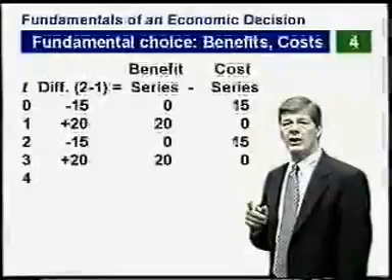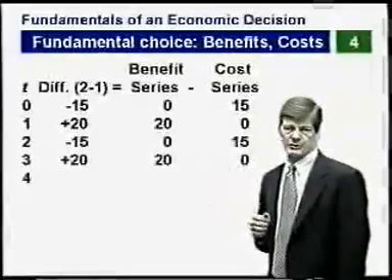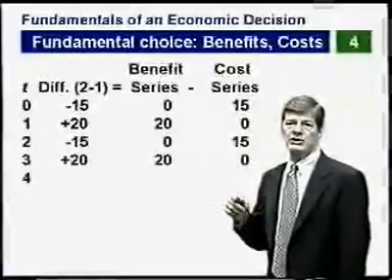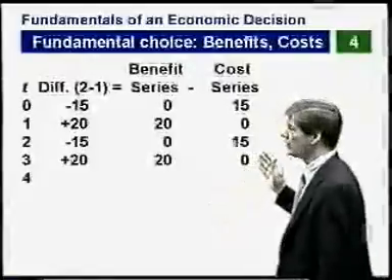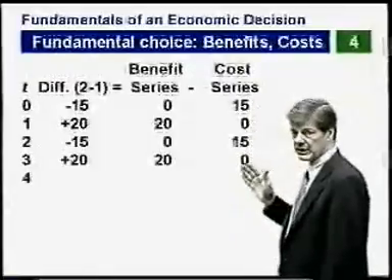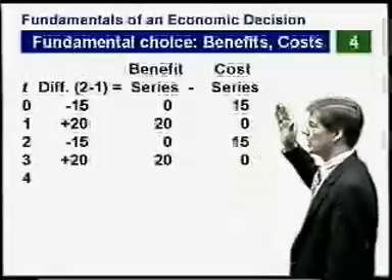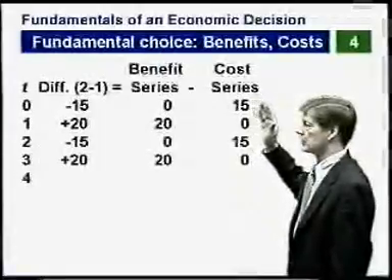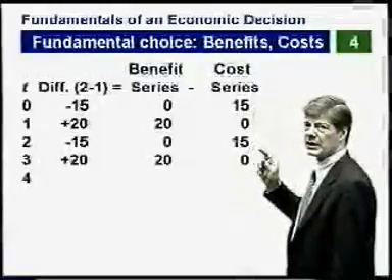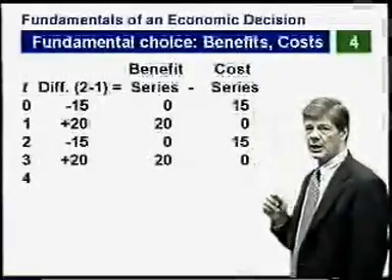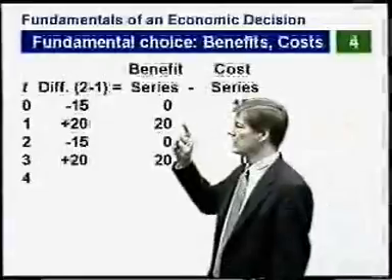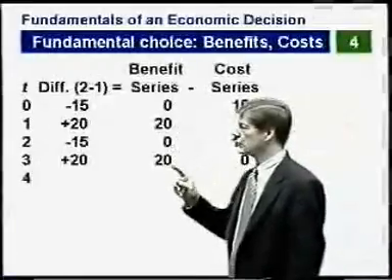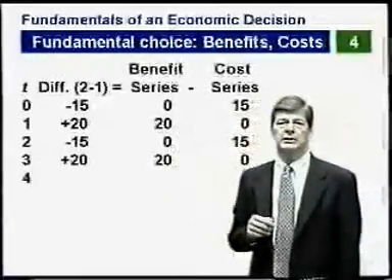On the other hand, if I prefer to have the series of 1-year subscriptions, then what I'm saying is I prefer to have the cost series. That is, I prefer not to spend an additional $15 at time 0 and at time 2, and I will give up the opportunity to save $20 at time 1 and $20 at time 3.